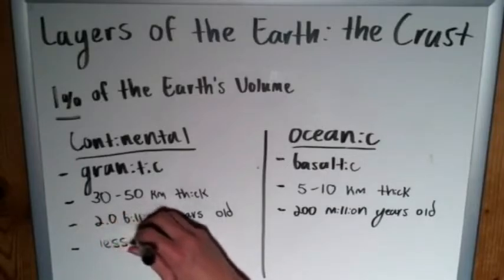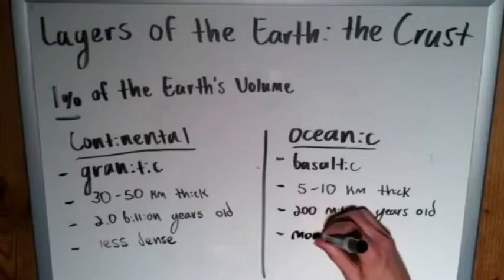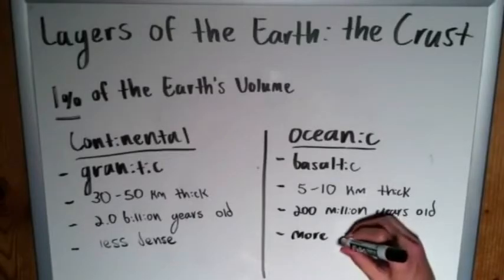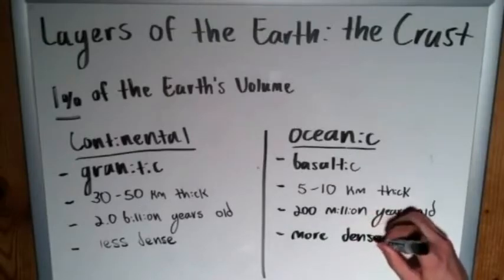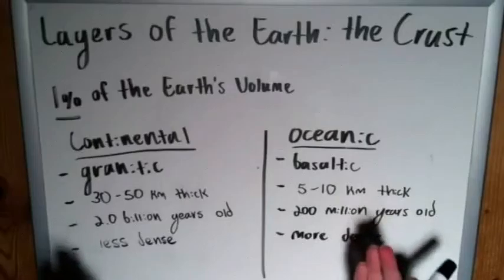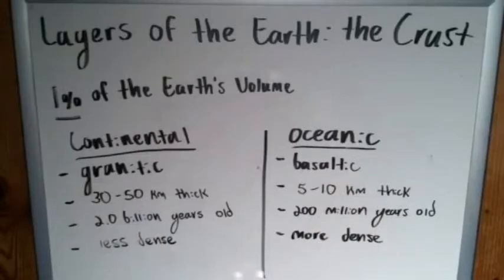So essentially that means if you were to take a chunk, let's say about a cubic meter of continental crust, a big old chunk, and you were to put it on a scale and then put the same amount of oceanic crust on that same scale, the chunk of oceanic crust would weigh more, because though it was the same volume, oceanic crust has more mass per unit volume, and therefore the same volume of oceanic crust will be heavier than continental crust.